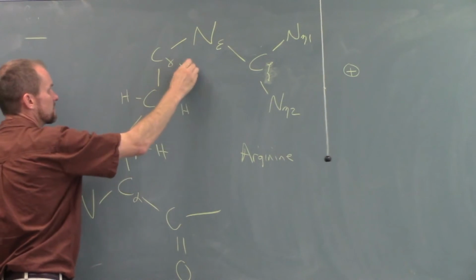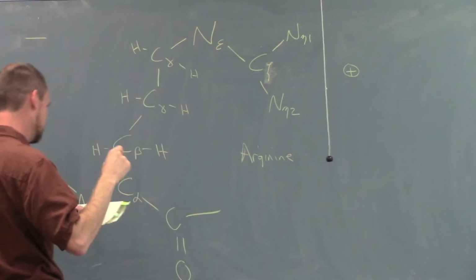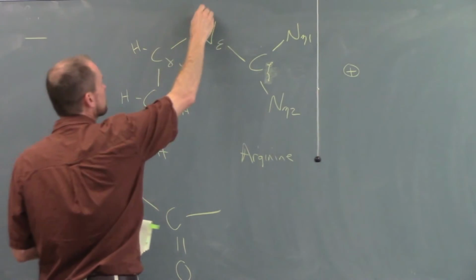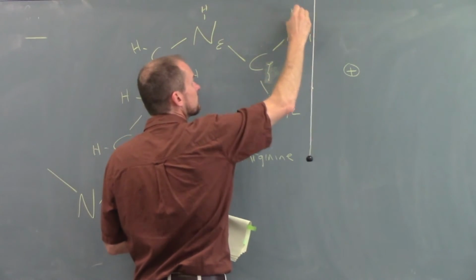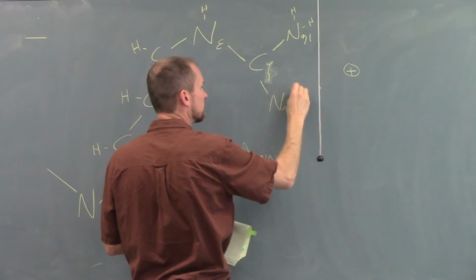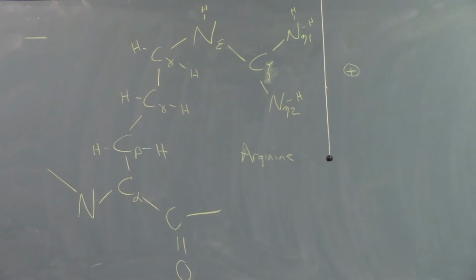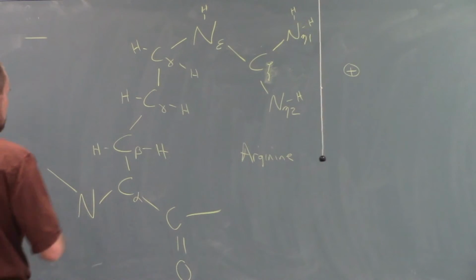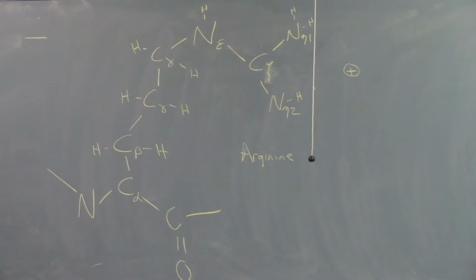So lots of CH groups. Arginine has the most labels that you need. So we label these C alpha, C beta, C gamma, delta, epsilon, zeta, and eta.